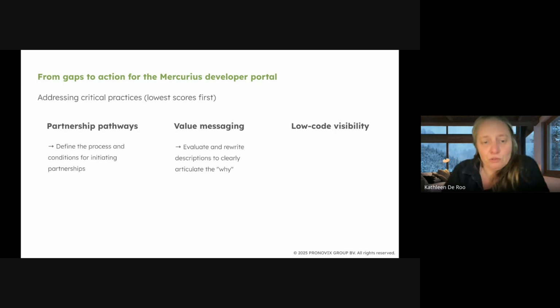And then there could also be something like low-code visibility that needs to bring hidden opportunities. For example, low-code ready-made solutions need to be brought to the forefront for partners, for example, those without in-house developers.